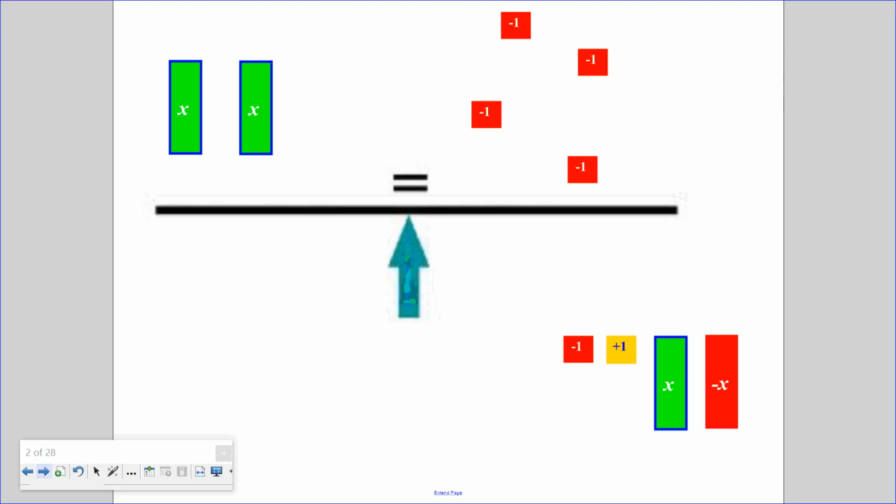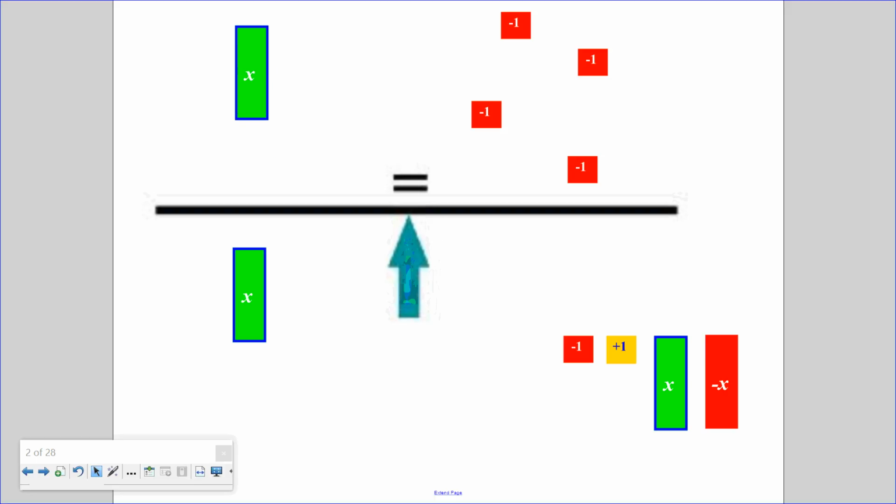So in our equation, we have 2x equals -4. We're solving for x. So to solve for x, we need to isolate x. We have 4 negatives. We need to divide them into 2 groups of x.